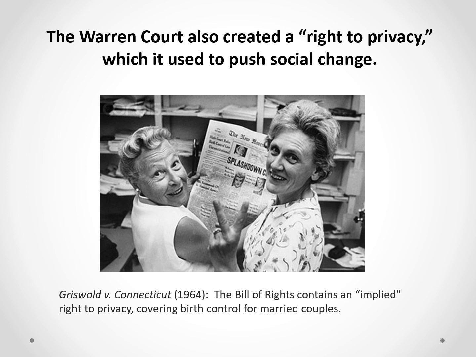So the dissent said, look, the Supreme Court is not supposed to clean up after state legislatures. The people of Connecticut were the ones that passed this law against birth control. If the people of Connecticut don't want a law against birth control, then they can repeal it democratically.